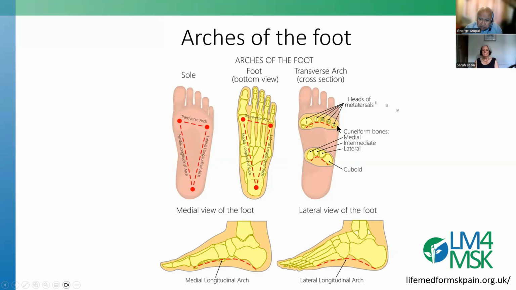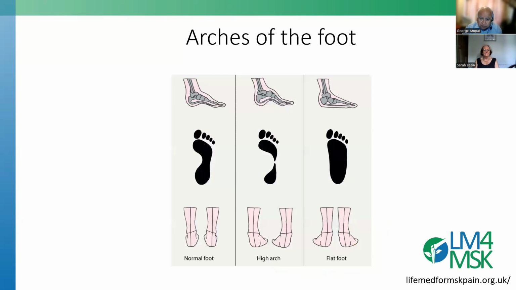In addition, there's also a transverse arch which goes across the foot, at the heads of the metatarsals, and the same continuation comes over the tarsal bones also. These arches allow the cushioning of the foot, and we'll come to why that cushioning is important. Sometimes we may have a high arch or cavus foot, or a planus foot, plano-valgus foot, where there is a flat foot deformity.